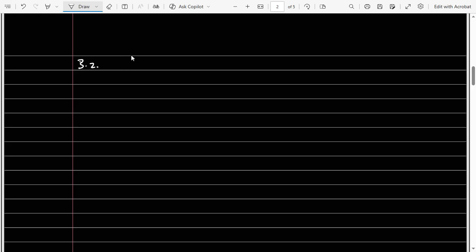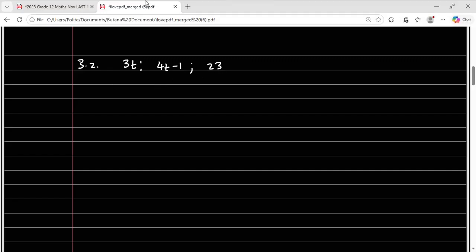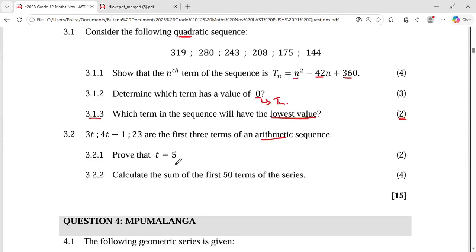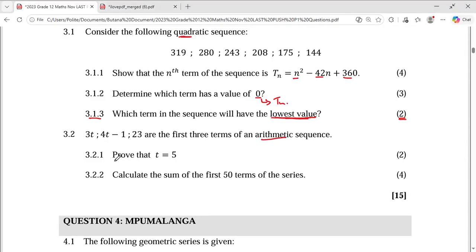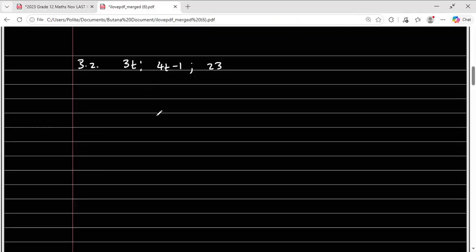What I'm given on 3.2, I have 3t, and then this is 4t minus 1, and then 23. So these are the terms that I'm given. Then the question is asking you to prove that t is 5. In order for us to prove that t is 5, let's solve for t.